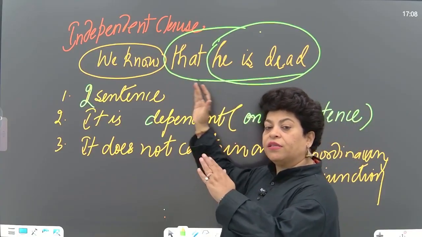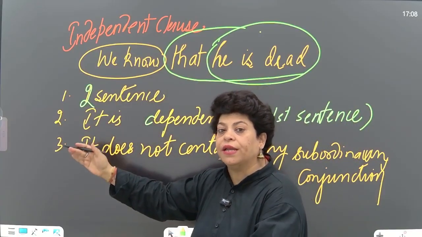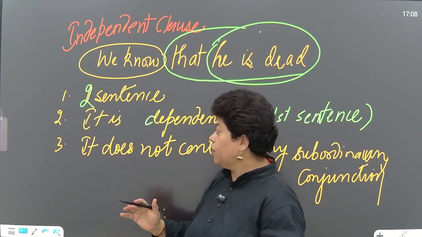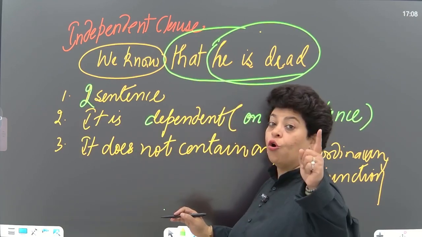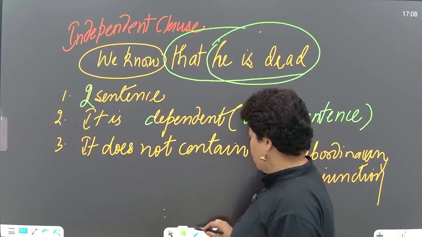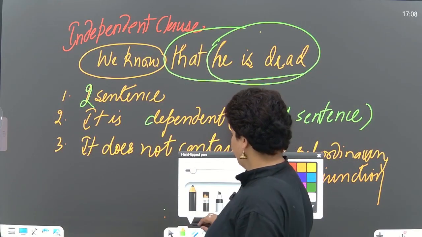Second sentence is dependent on the first sentence, right? It does not contain any subordinating conjunction. No, it's wrong. So what do we say?